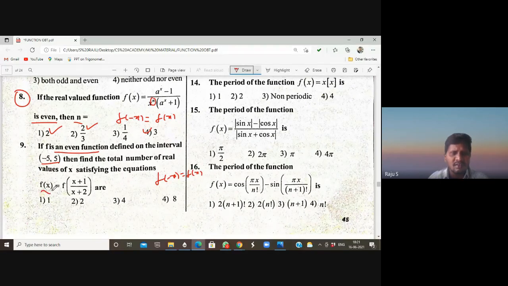Clearly the function they have given is f of x equal to (x plus 1) by (x plus 2).